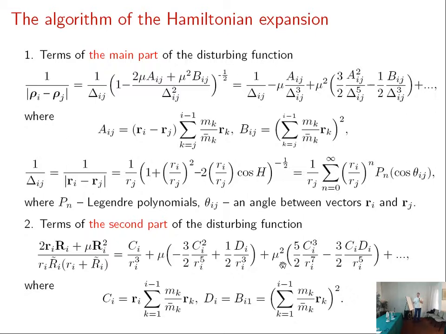It is expanded into a series through Legendre polynomials. And then Legendre polynomials can be expressed through Poincaré elements. Both terms of the disturbing function, the main part and the second part, can be expressed as series in the small parameter and Poincaré elements. Quantities A, B, C, and D are introduced for simplicity.